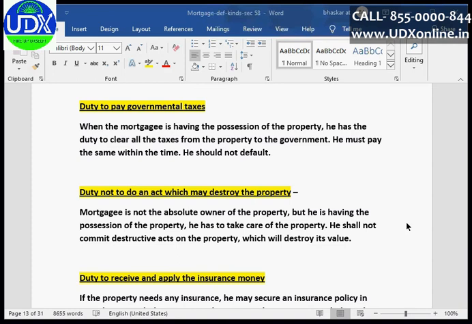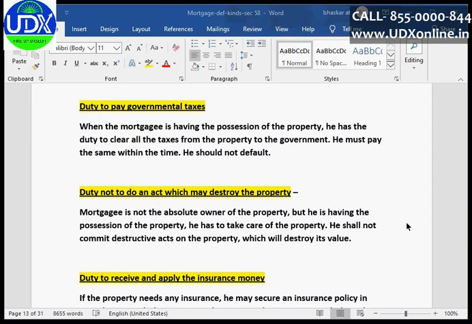Naturally, the bank manager, that is the mortgagee, called upon the people and severed the sandalwood and sold it to them.